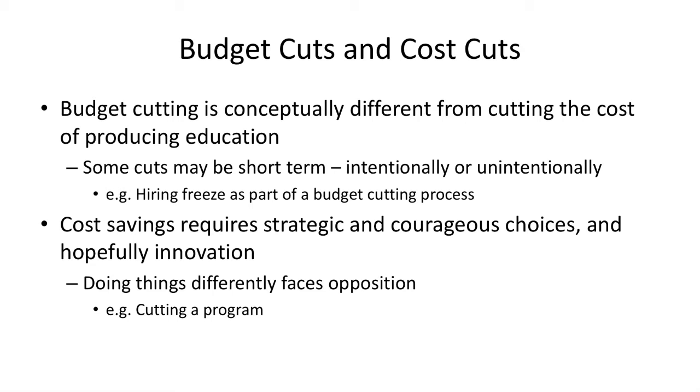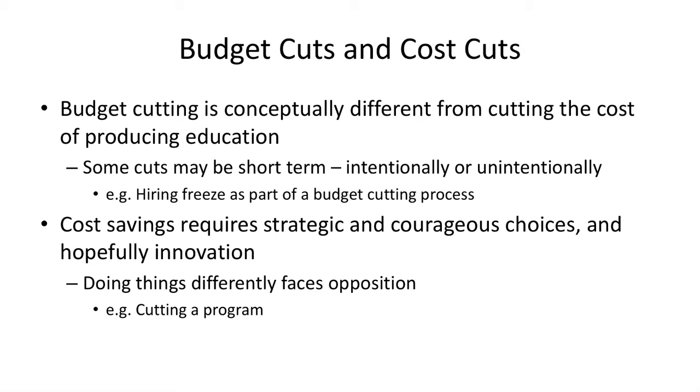It's also the case that faculty members teach in programs that they are really committed to. They love their discipline. That's why they've gone on and earned advanced degrees in their discipline. So when you cut a program, it's a lot like cutting off a part of them, something that they love, something that they really are committed to.